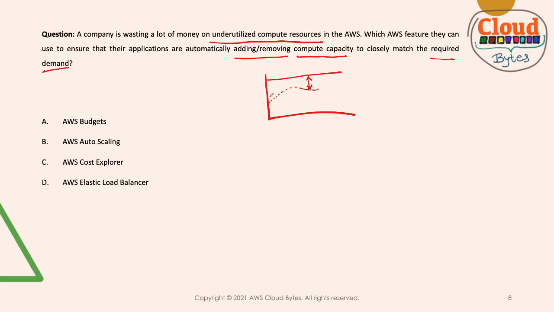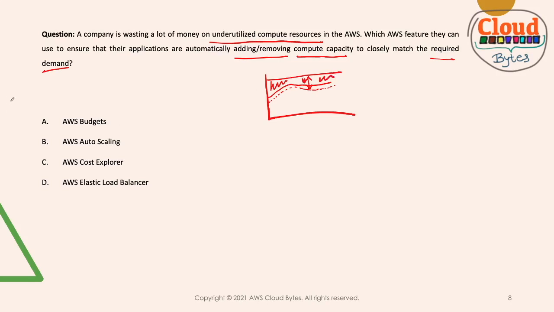How the compute should track is that it should be somewhere a little bit higher than your actual required compute. So they are trying to remove this gap.